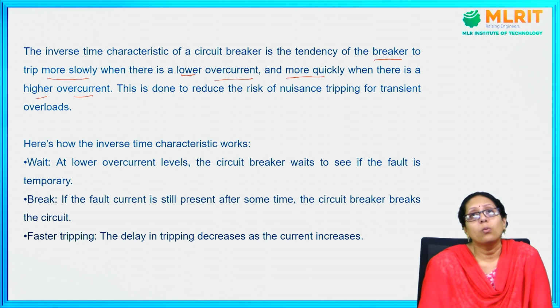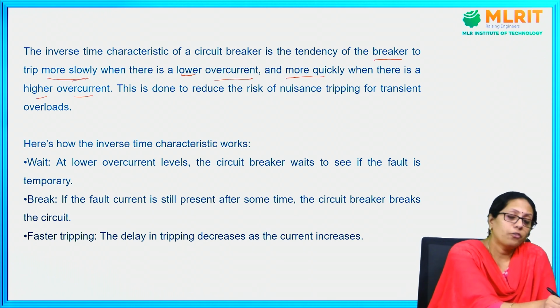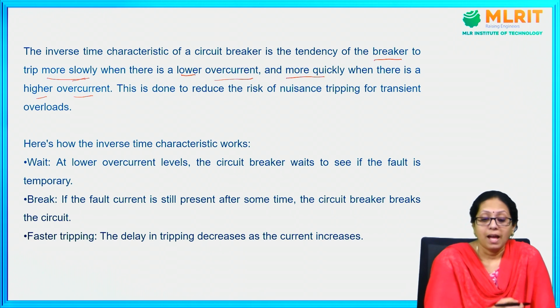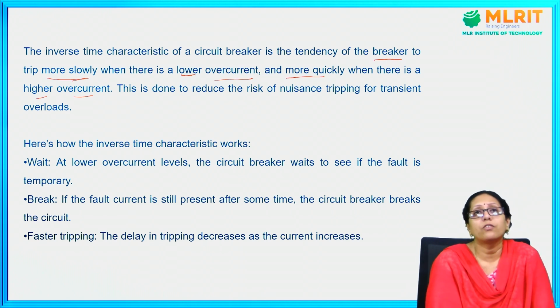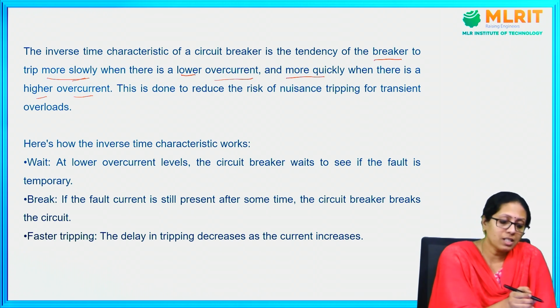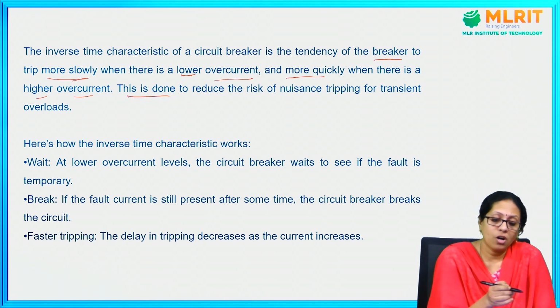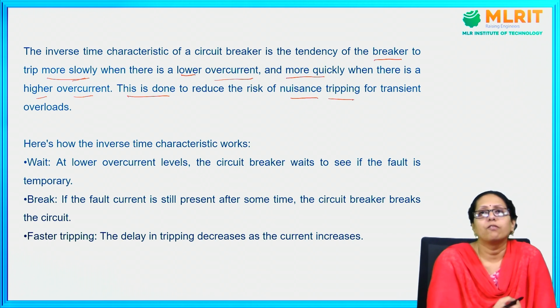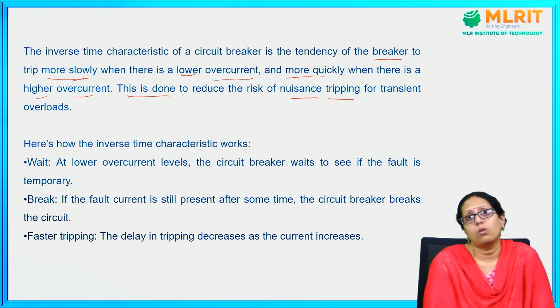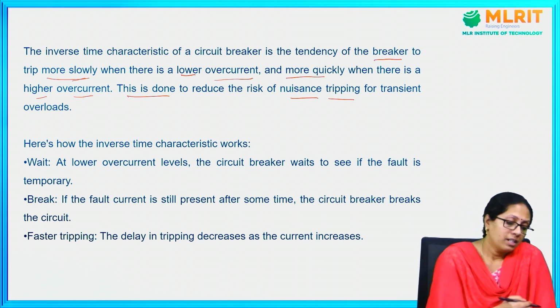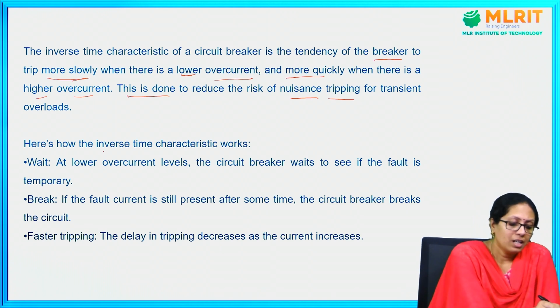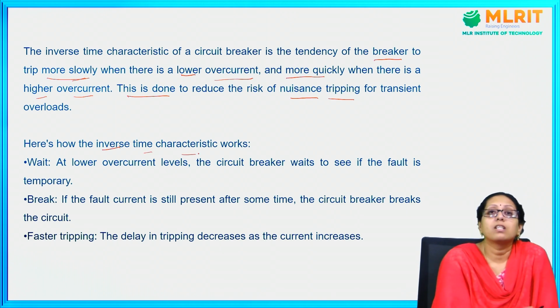Means if the overcurrent is low, it will take a lot of time to trip, and if the overcurrent is high, it will trip sooner. This is done to reduce the risk of nuisance tripping for transient overloads.